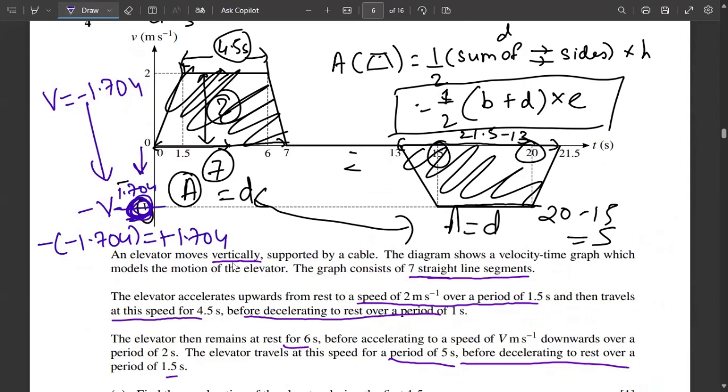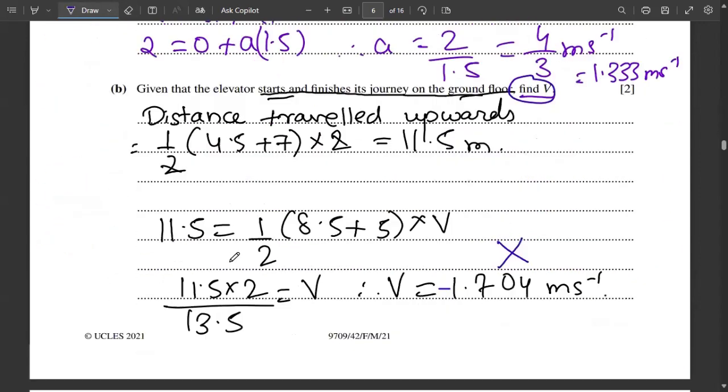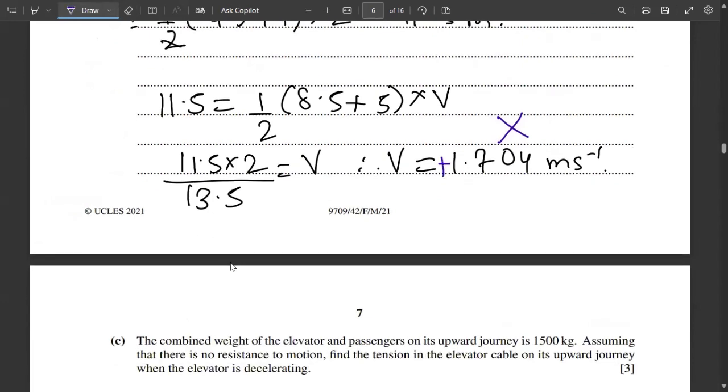No, it has to be negative. So that's why capital V is positive here. If capital V is plus 1.704, then the minus that is outside stays outside, and the final answer is minus 1.704. This can't be equal to plus 1.704. Hence, the value for V is positive, which is 1.704.